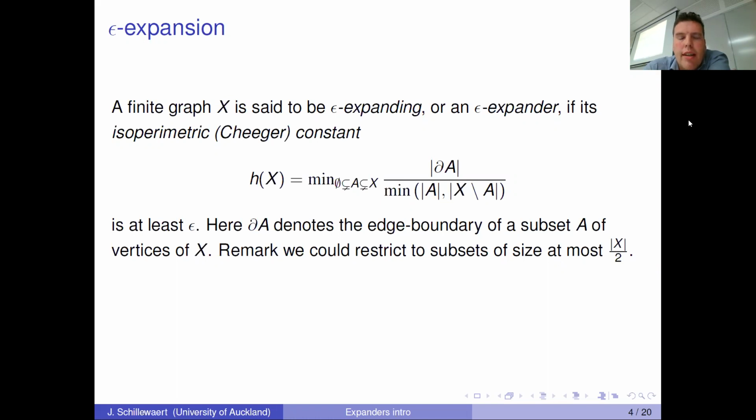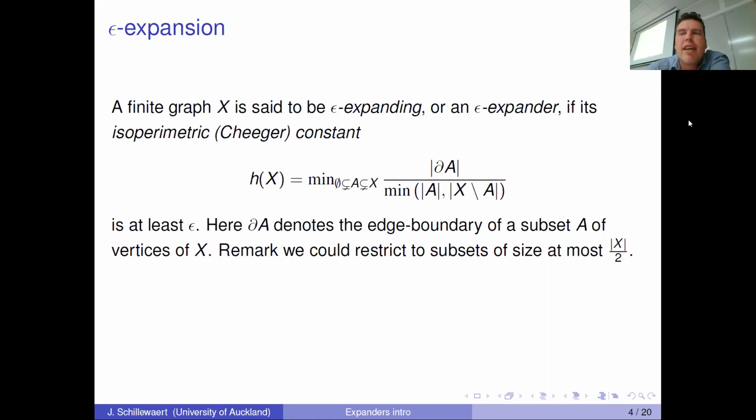And you see, I take the minimum there of A and the complement of A, so that means that I could as well restrict to sets of size at most the size of X over 2, because the boundary value is going to be the same regardless of whether I look from inside or outside. And here you can already see that speaking about one graph being an expander doesn't make much sense, because I can make any graph an expander.